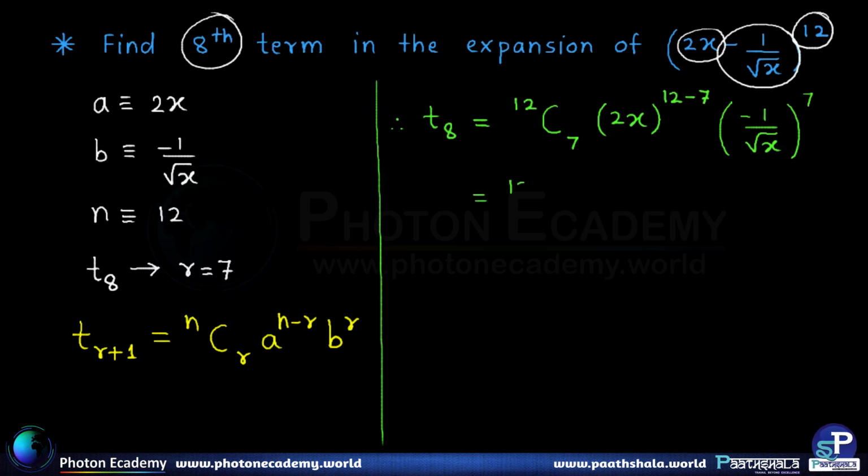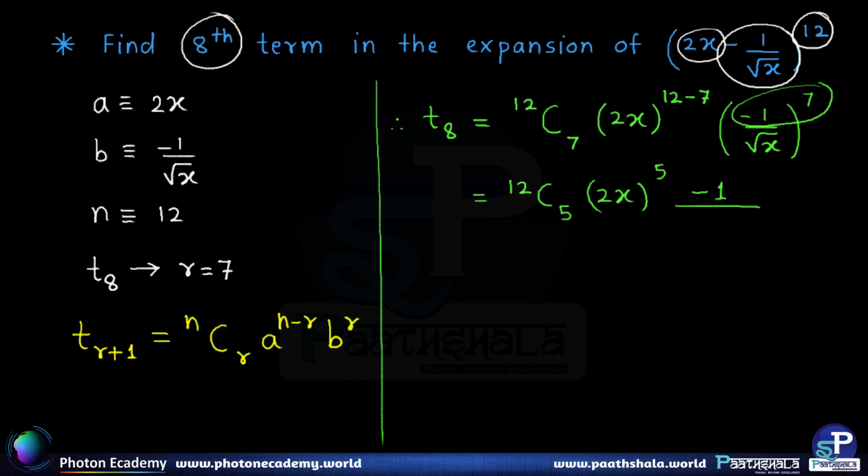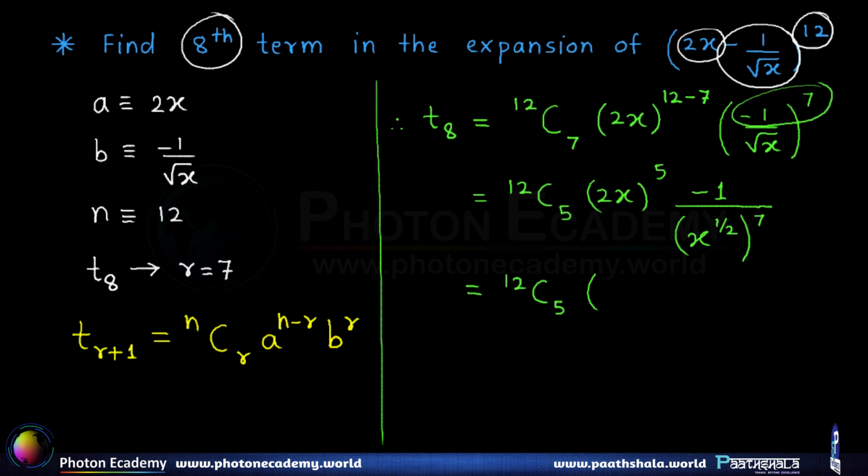So this is equal to 12c5, then you have 2x whole raised to 5. Now you see minus 1 raised to 7 will be nothing but minus 1 only, and here we have root x standing for x raised to half, and that will get raised to power 7. We write 12c5 as it is, that you can solve separately, it's not the important point in this question. So 2 raised to 5 is 32 into x raised to 5 into minus 1 upon x raised to 7 by 2.